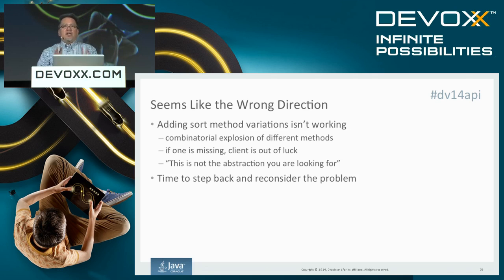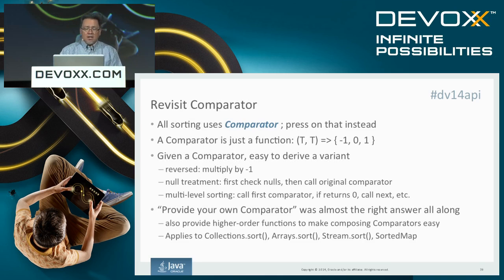And so at some point, you start to think about this explosion of methods and how to deal with them. And then you think, this is not the abstraction you're looking for. So at that point, you should say, OK, there's something wrong here. Let's step back from this and figure out a better way to approach it.